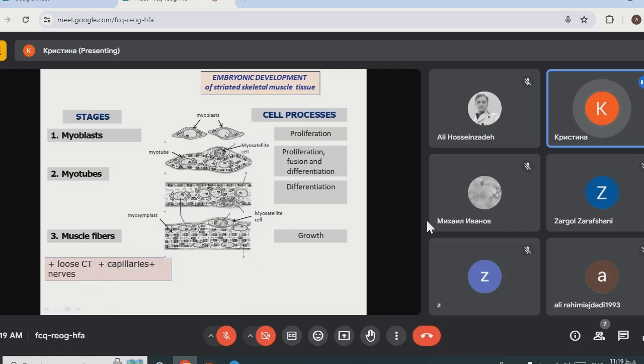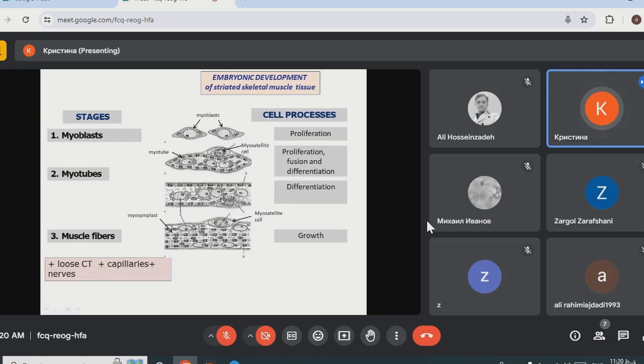It means they divide via mitosis. Then, in the second stage, they start to fuse together, fusion, and form myotubes, elongated multinucleated structures. Some of the myoblasts do not fuse to form myotubes, but stay close to this myotube, and they will form myosatellite cells, the cambial cells.